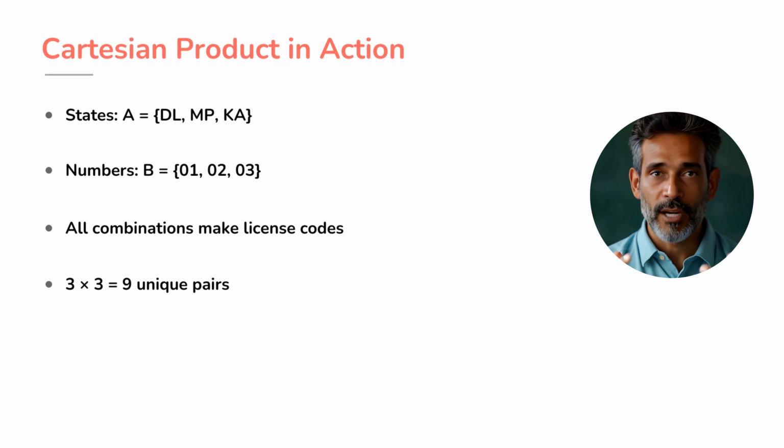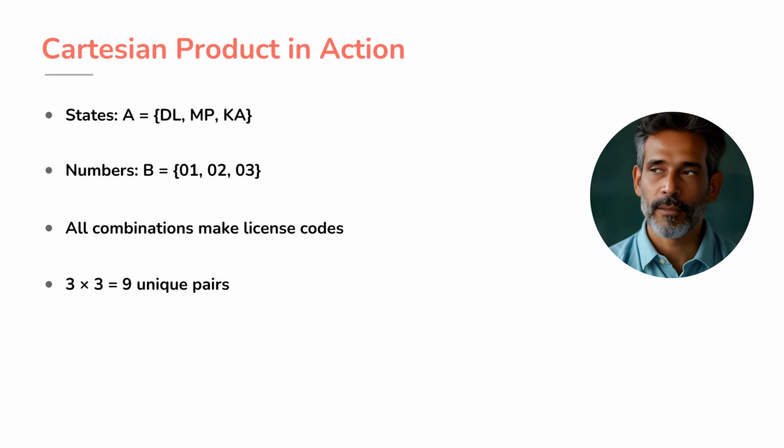Let's see how the Cartesian product works in a real-world scenario, like generating vehicle license codes. Suppose we have a set of states: set A equals {DL, MP, KA}. These represent Delhi, Madhya Pradesh, and Karnataka. Now, we have another set of numbers: set B equals {01, 02, 03}.